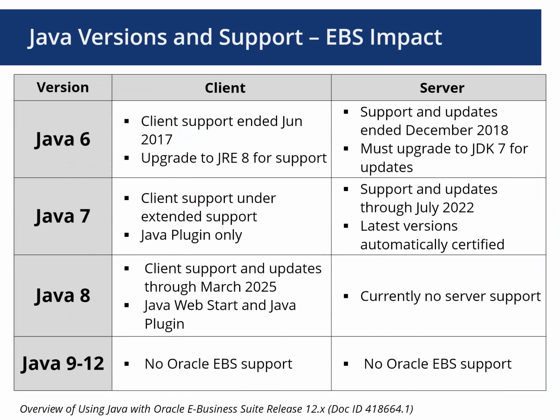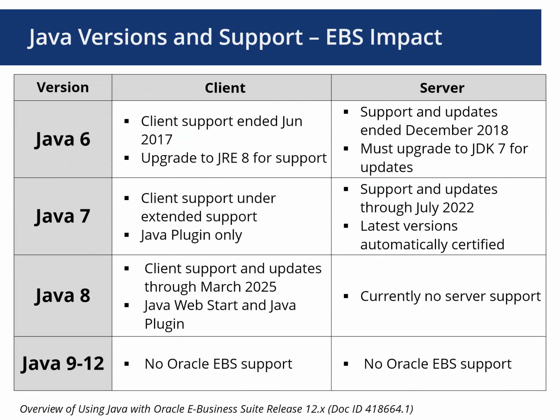Oracle is working up a plan. We'll see what they do and how they're actually going to support things in the future in terms of application server support. Java 8 is fully supported in the client, and it is not supported on the server as of today. That becomes an issue in 3 years when support ends in July 2022 for Java 7.